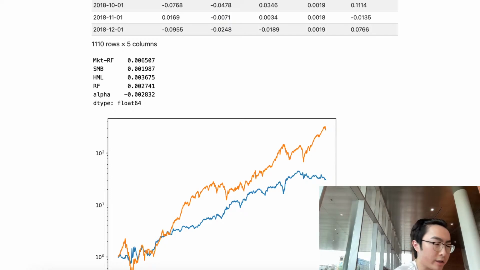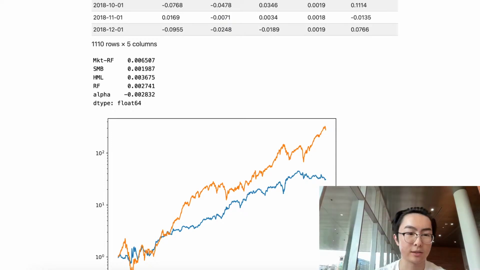What if we run a regression to try to predict the returns? Okay, so maybe we can run a multivariate regression too.